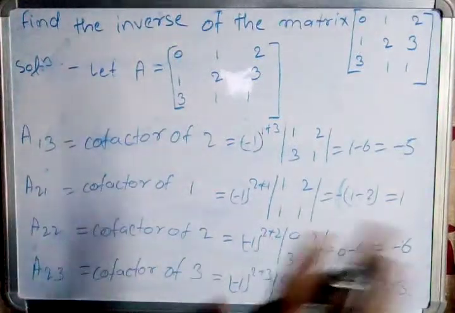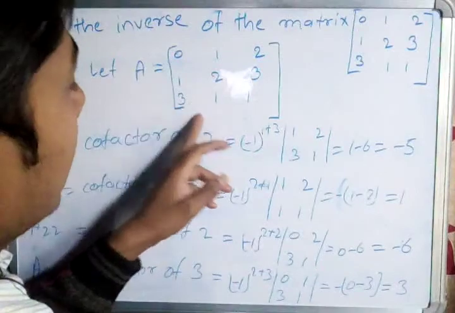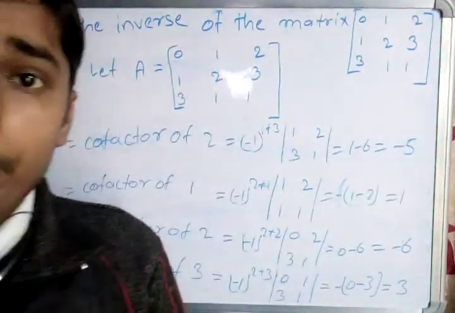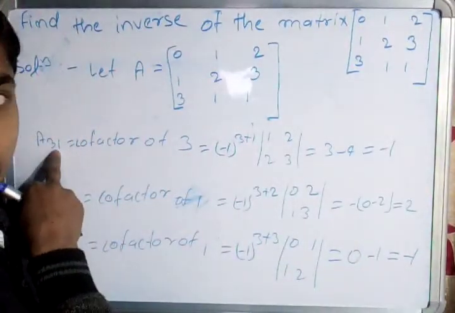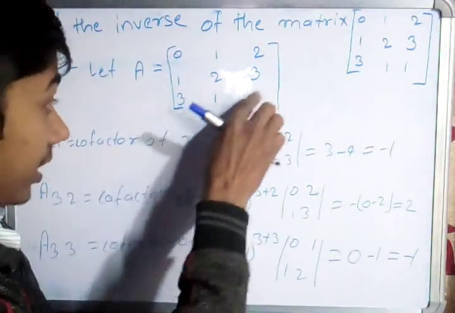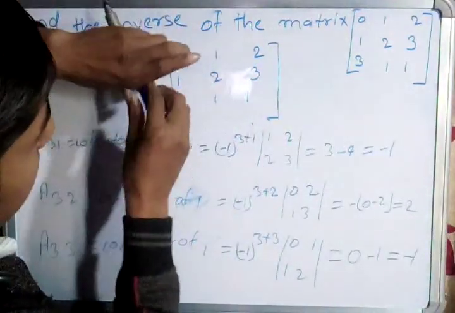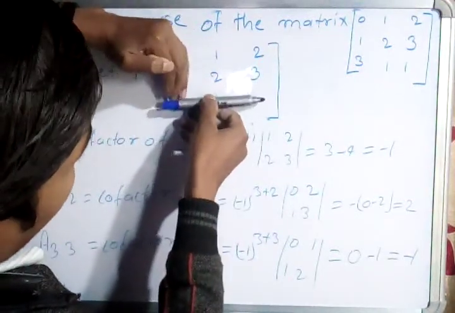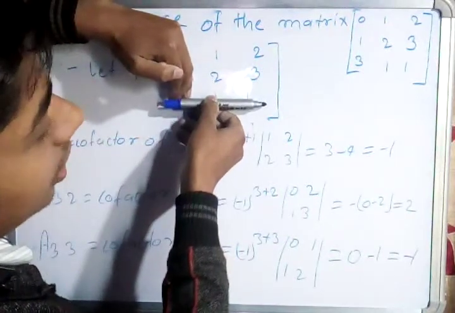And next, last, the third row, finding the cofactor. Here A31, the cofactor of 3, deleting the third row and first column, the left elements are 1 2 3 2.